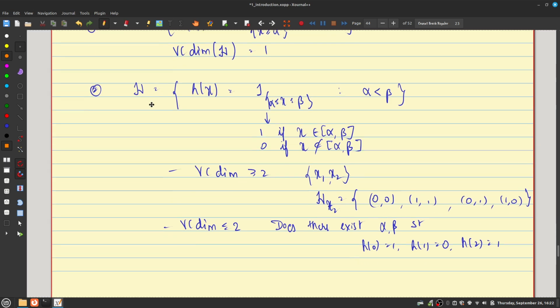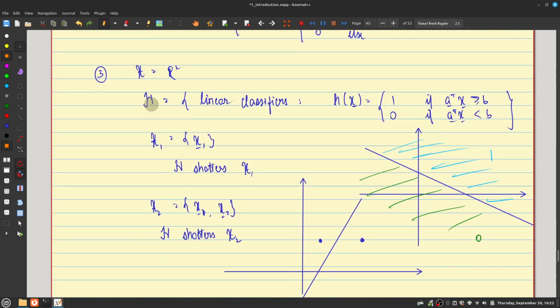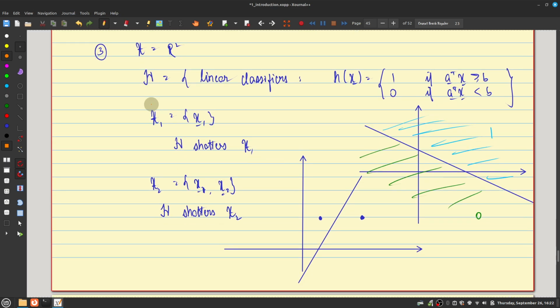So that's fine. But let's go to the example of hyperplanes or linear classifiers, as we call them. So once again, what we need to show is that for every m less than or equal to d, there exists at least one set which is shattered by H.